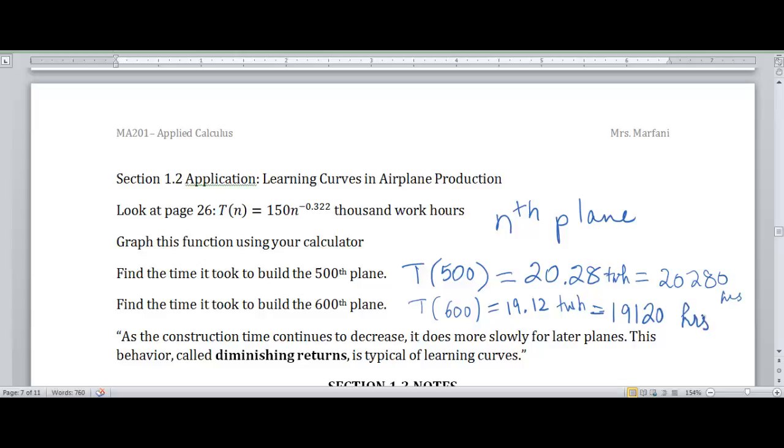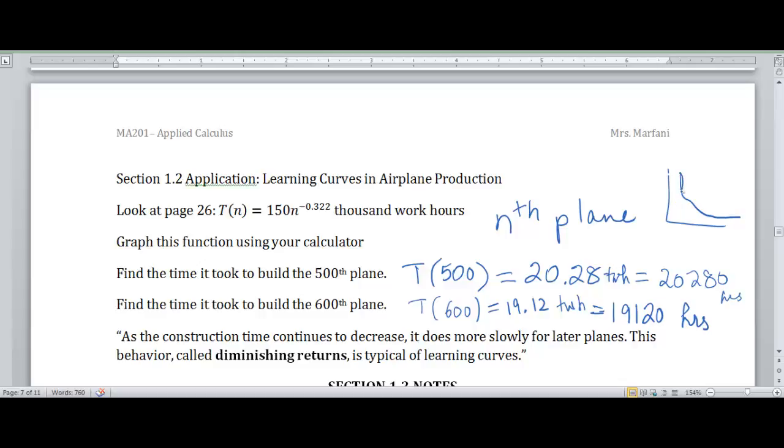Okay. So as the construction time continues to decrease, it does more slowly for later planes. This behavior, called diminishing returns, is typical of learning curves, right? So as time goes on, as you build more planes, the construction time continues to decrease, but it does more slowly. That's why we see something like this, right? Same thing happens with weight loss, right?